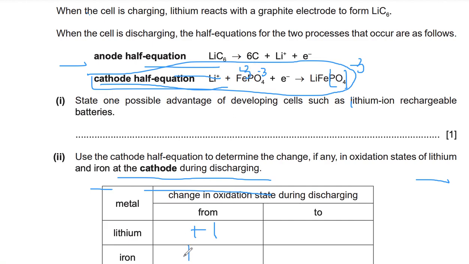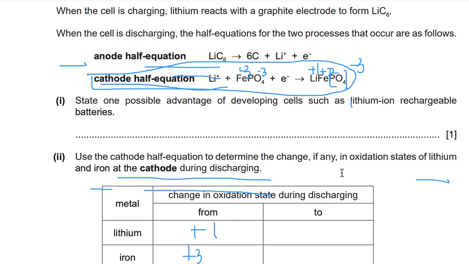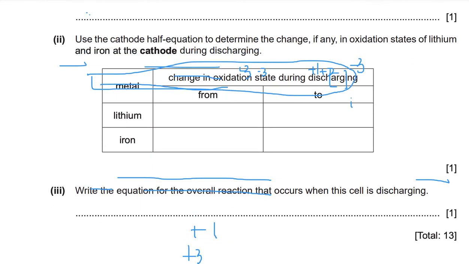So this would be +3, and I think this would be +3 to +2, and if Li would be +1. Yes, +3 to +2 and +1 to +1. So no change in lithium, and iron changes.